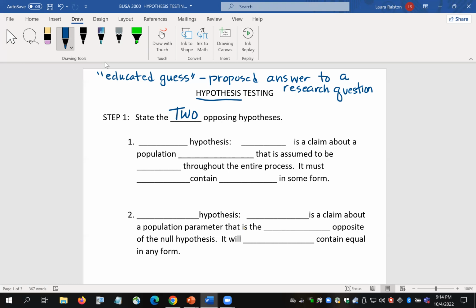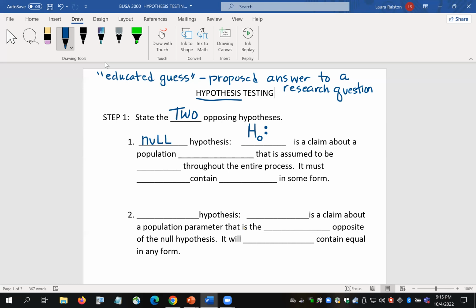The first hypothesis is called the null hypothesis. The symbol is the letter H, and it has a subscript of 0. Null is a fancy word from olden days that does imply or mean 0.